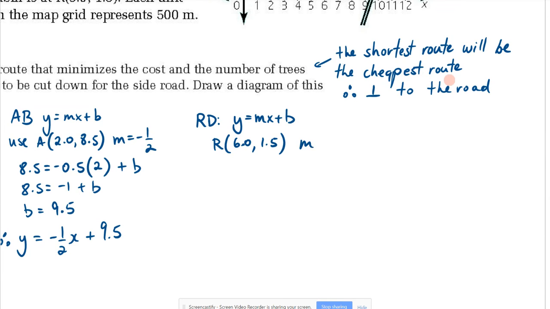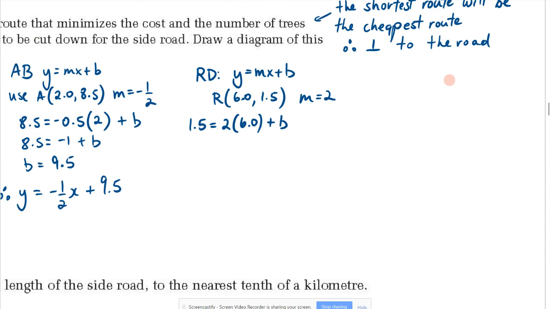And the slope is equal to 2. So let's plug those values in. So 1.5 equals 2 times 6.0 plus b. And 2 times 6 is 12, so 1.5 equals 12 plus b. And if I solve for b, b equals negative 10.5. So therefore, the equation for my perpendicular line will be y equals 2x minus 10.5.